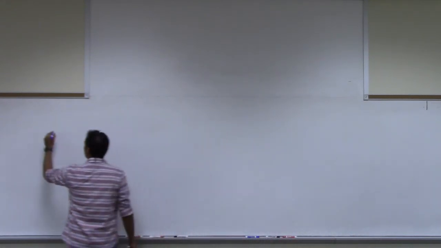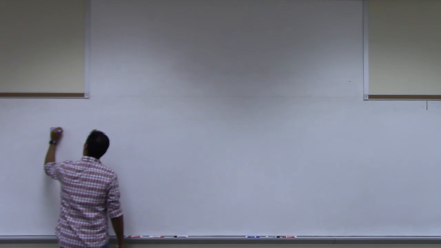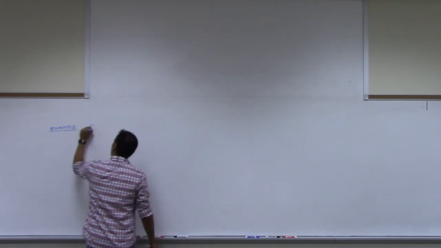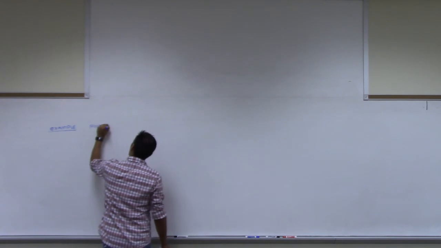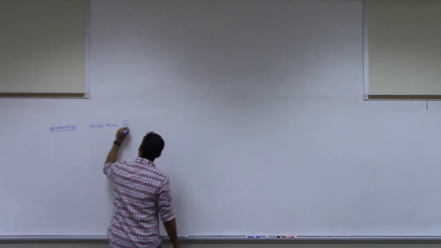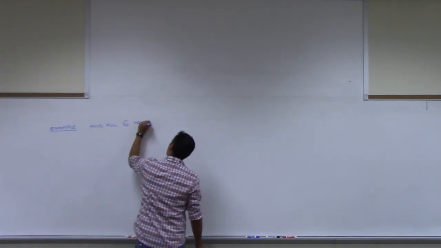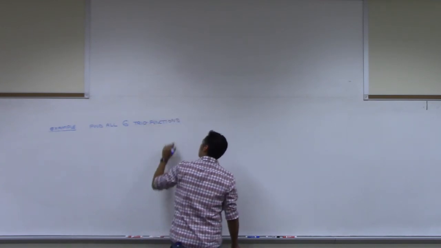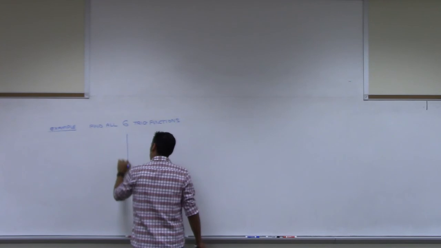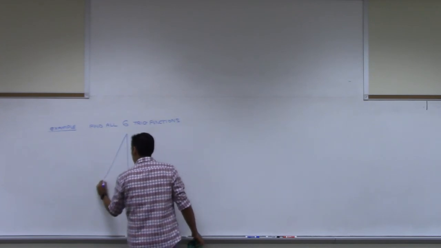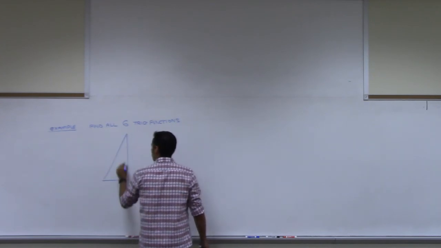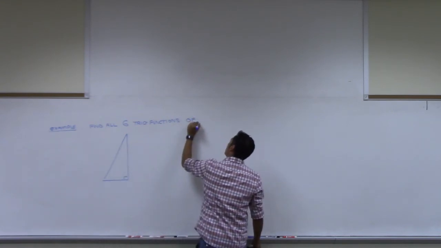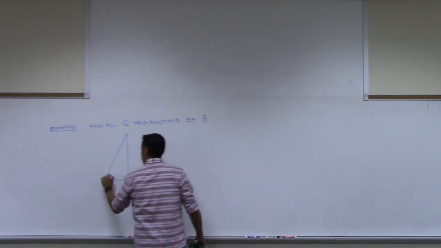We'll do one more. Find all 6 trig functions of beta.